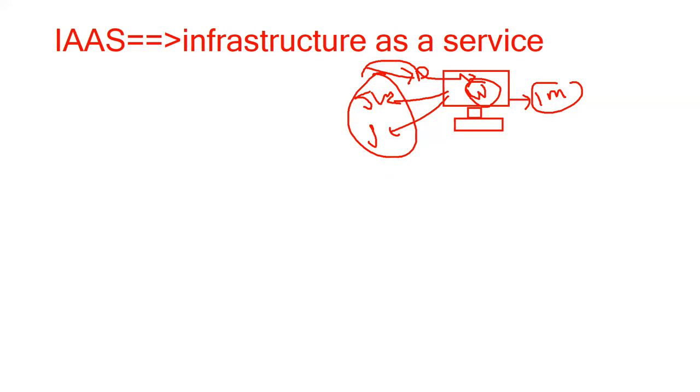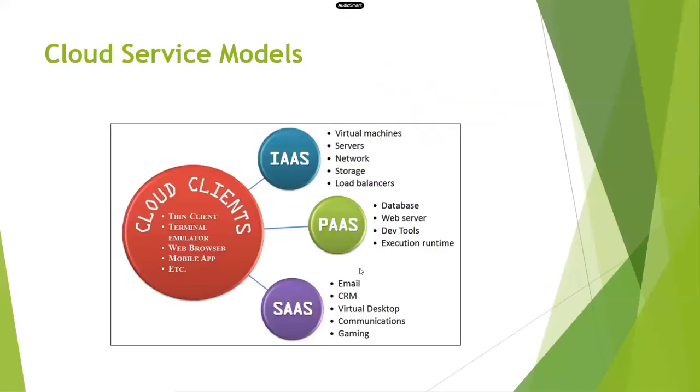Next, when I go for platform as a service, what does it mean, guys? What is platform as a service? Any idea? When you go for platform as a service, here everything they are providing. You need not worry about installation and configuration management. They are providing a ready-made environment.